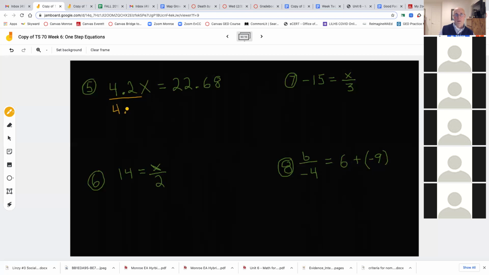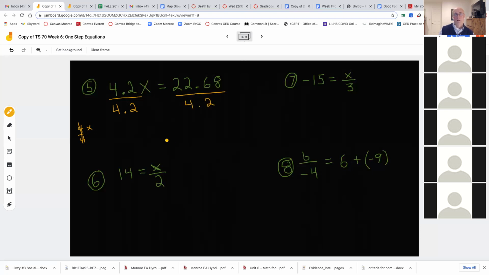I'm just dividing it. This is kind of like getting into the next principle. Because you know that if I have 4x, and if I divide 4 by 4, it becomes 1. I cancel, I have 1x, okay? Whatever I do to that side, I'm going to do the same thing on the other side.